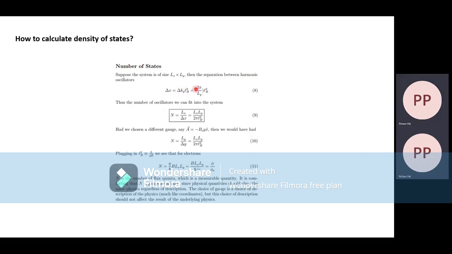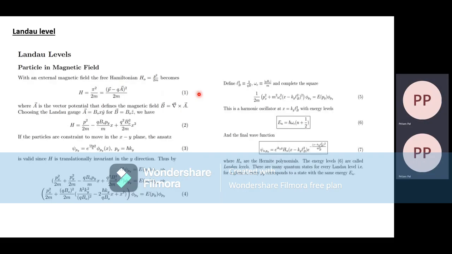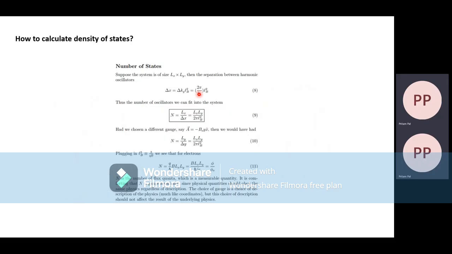Shifted by this amount. The ky value you also know will be 2 pi by Ly from the boundary condition. So simply plug this value into the equation, and we get this. So the number of oscillators that we can fit into the system will simply be Lx by delta x. So it will become Lx times Ly divided by 2 pi times lB squared.